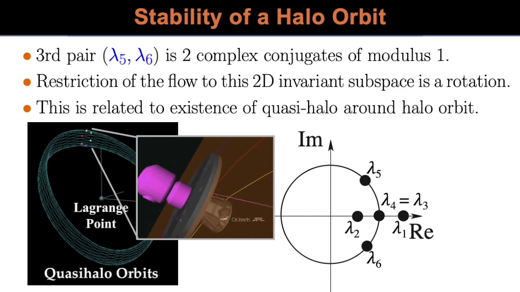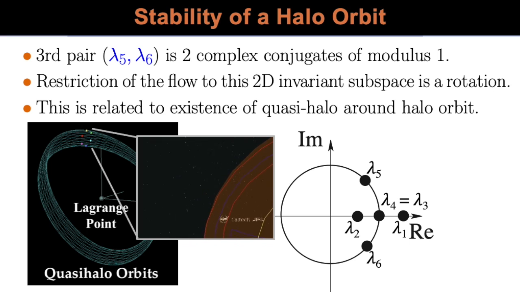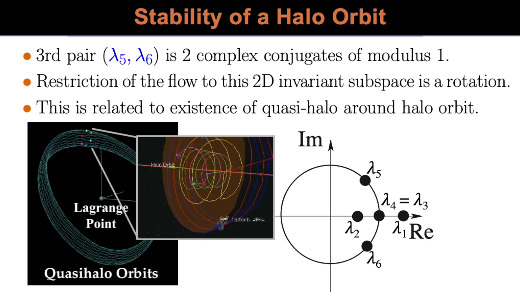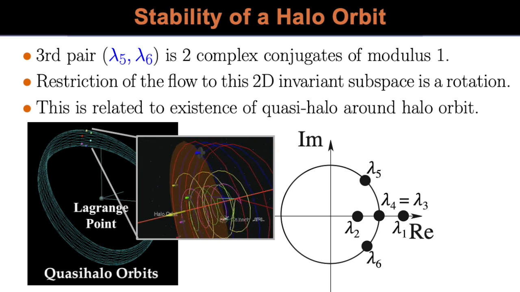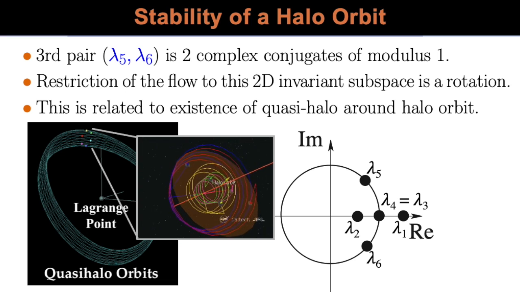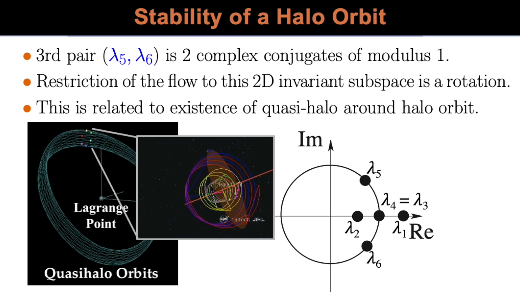So if we were to complete our picture of what all of the eigenvalues look like qualitatively for a halo orbit, we've got lambda 1 much, much greater than 1 in real. So it's unstable. It means the halo orbit is unstable. Lambda 2 is inside the unit circle. It's a stable direction.